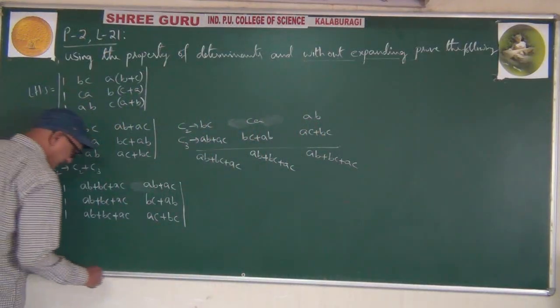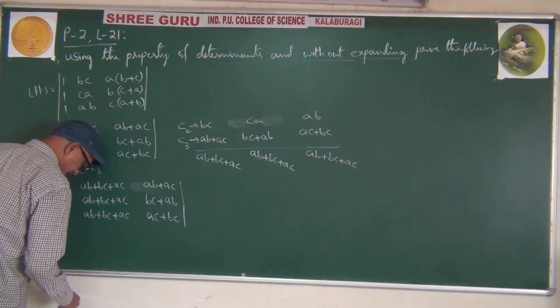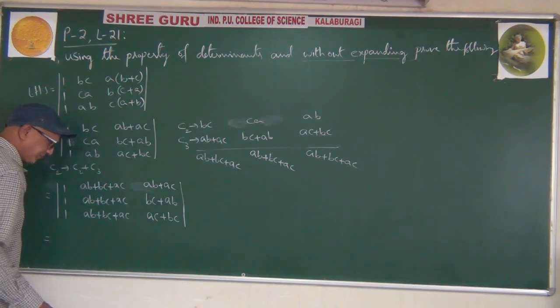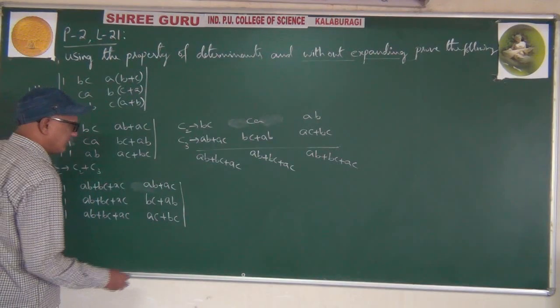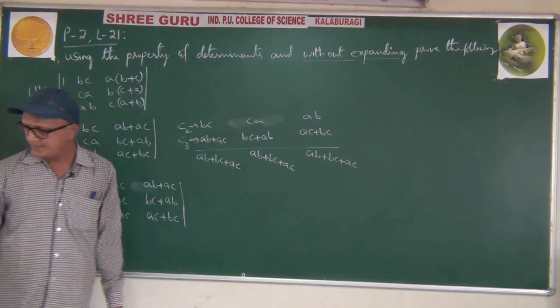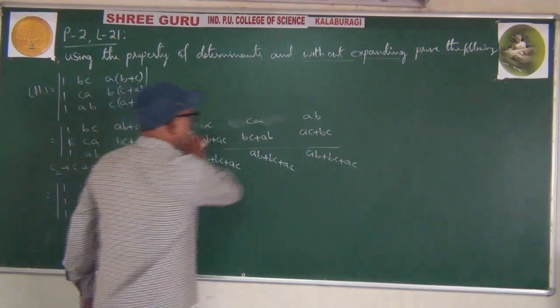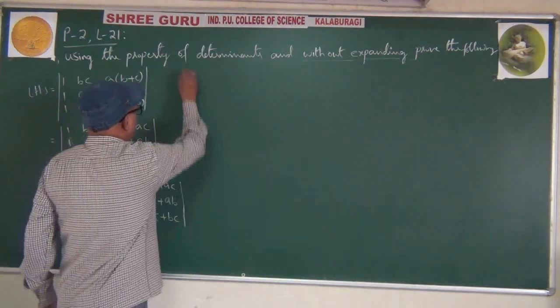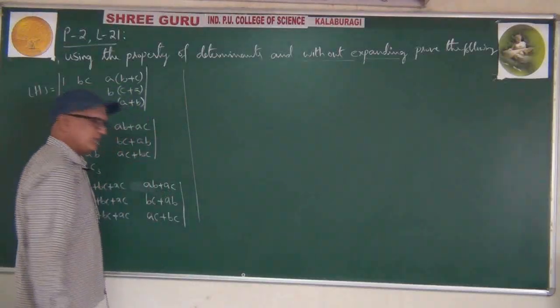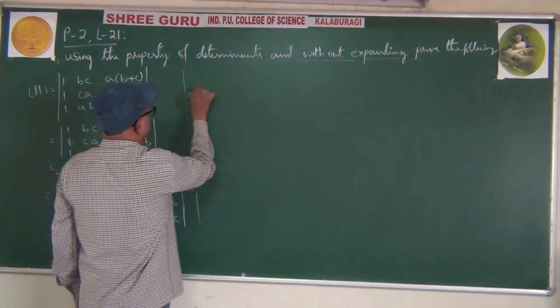So here we can do one thing. We can take AB plus BC plus AC common from the second column.